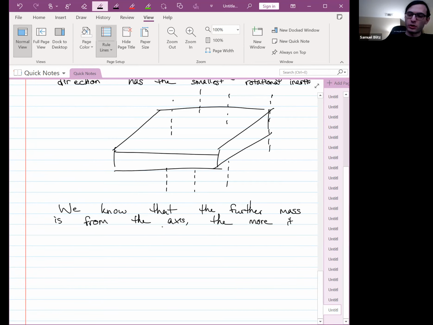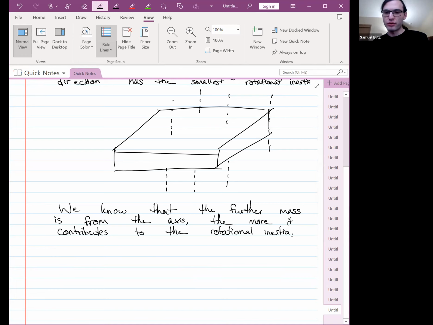And that's just from the basic formula for the rotational inertia. The original formula we had was m1 r1 squared plus m2 r2 squared plus m3 r3 squared, and so on. And so if there's a chunk of mass, say m2, that has a really big distance from the axis of rotation, like r2, then m2 r2 squared would increase the moment of inertia a lot.